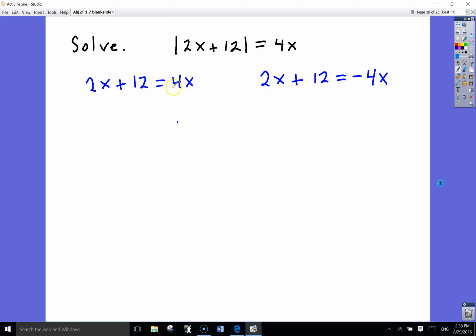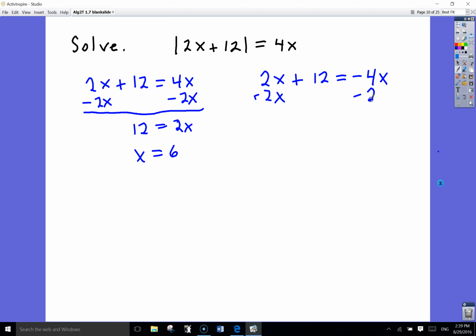Okay, we got x's on both sides, so I'm going to subtract 2x. Subtract 2x. Right, 12 equals 2x. So x equals 6. Okay, how about subtract 2x? I have 12 equals negative 6x.